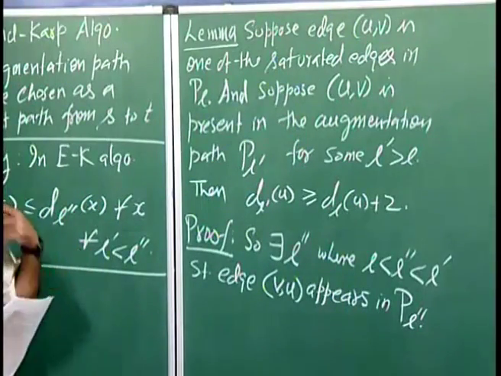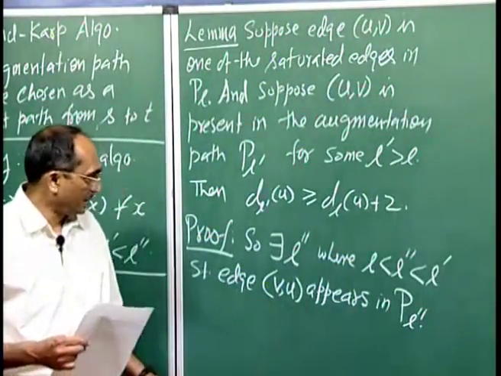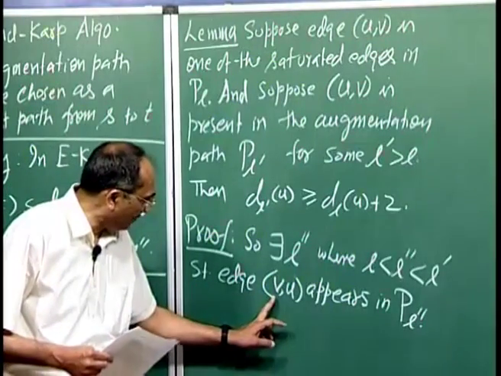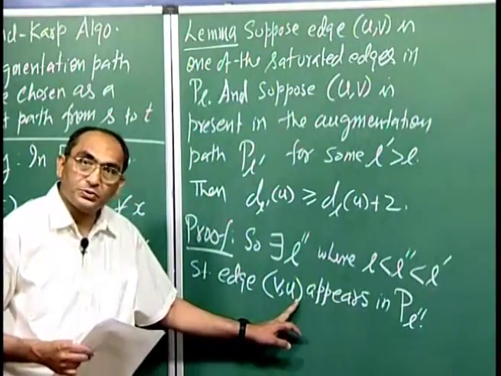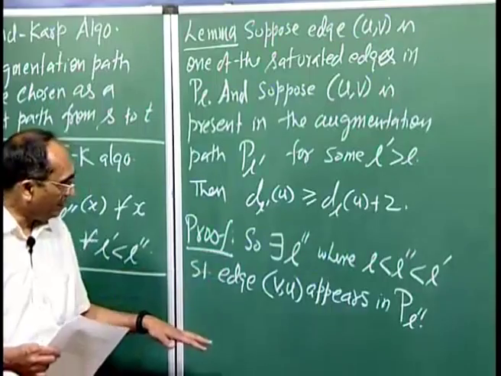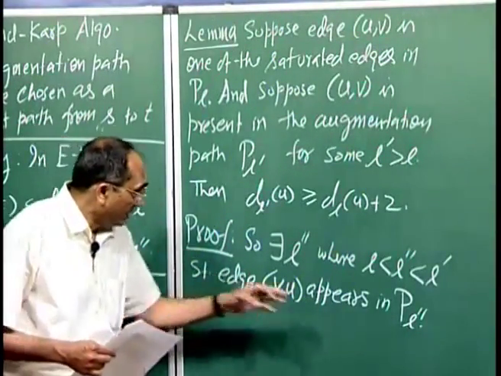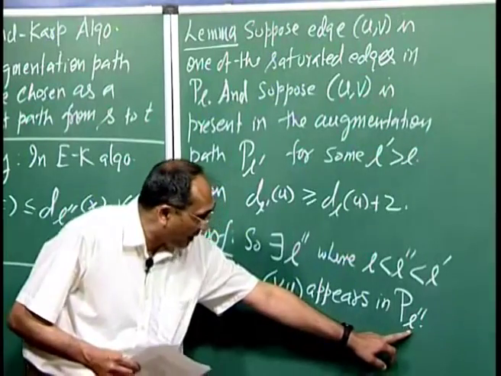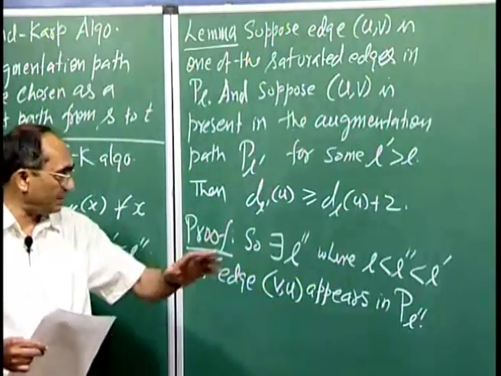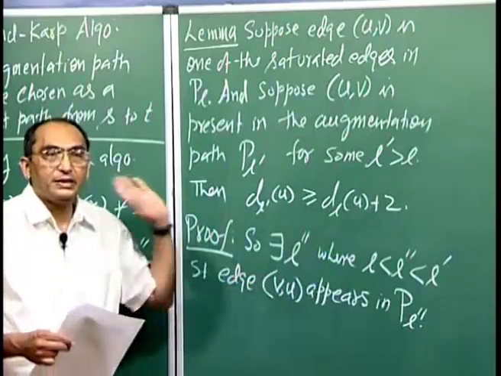I hope that is clear, because here we had made a flow from V to U, thereby we have created capacity from U to V, and hence in the L'' plus 1 stage the edge UV reappears.